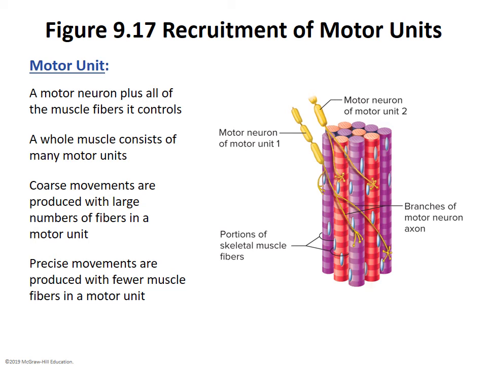So we can have one motor neuron that will have hundreds of muscle fibers. That would be in something like a large muscle, like the gluteus maximus. Or a motor unit can only have a dozen or so muscle fibers in it, like the small muscles that work the eye. But the one thing it has in common is that it's one motor neuron.